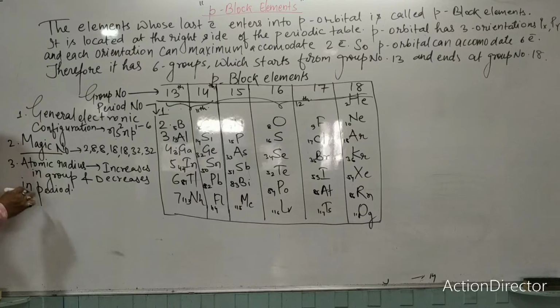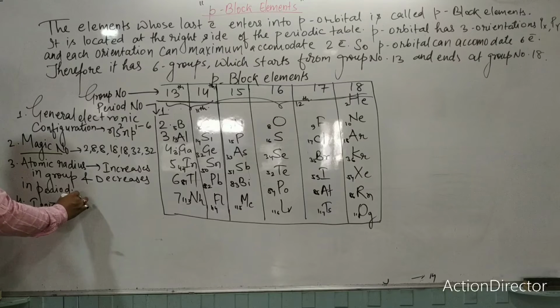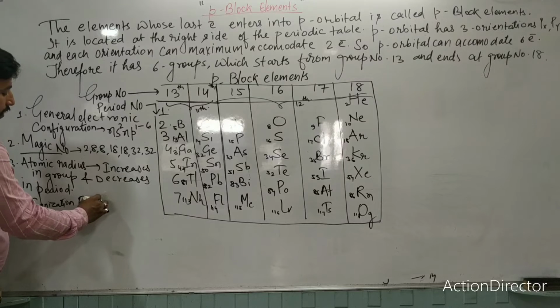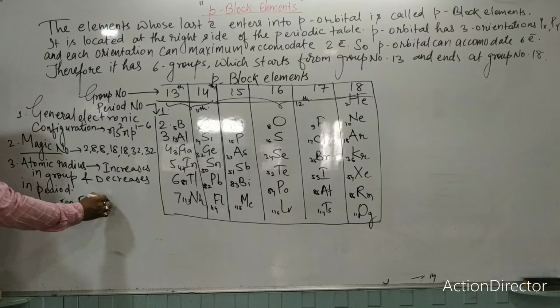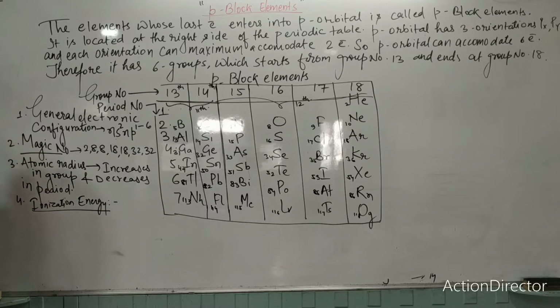Now, fourth, ionization enthalpy. What is ionization enthalpy, or ionization energy, or ionization potential? The minimum amount of energy required to remove an electron from an isolated gaseous atom is called ionization energy.